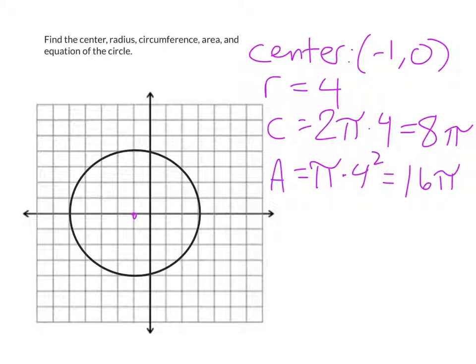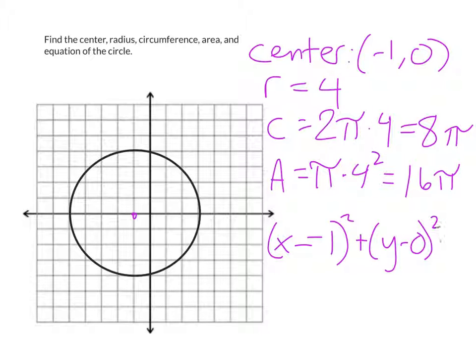All right. And my equation, well, I've got my x minus my x coordinate, so minus -1 becomes +1. Okay, so we do have to be careful with that. I'm actually going to write this all out, then simplify it, just so we can see what it looks like. So (x minus -1) squared plus (y minus my y-coordinate of the center, which is 0) squared, equals 4 squared.